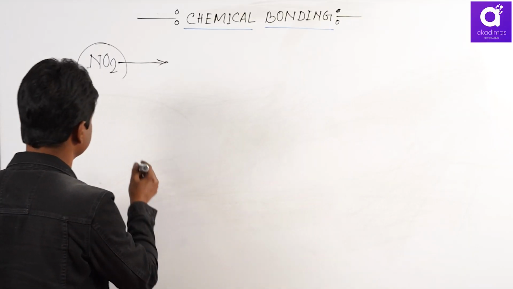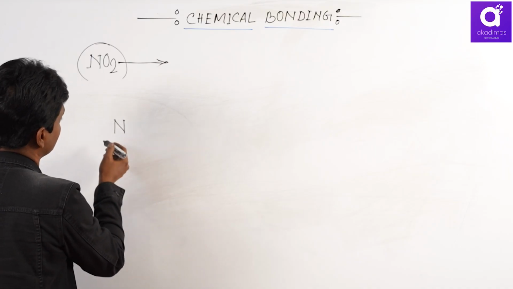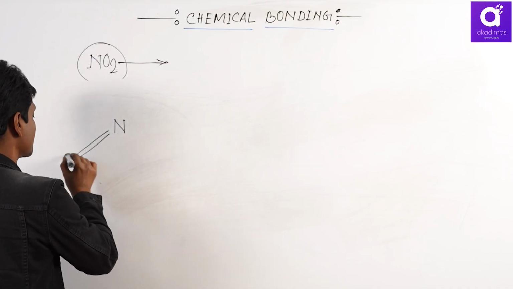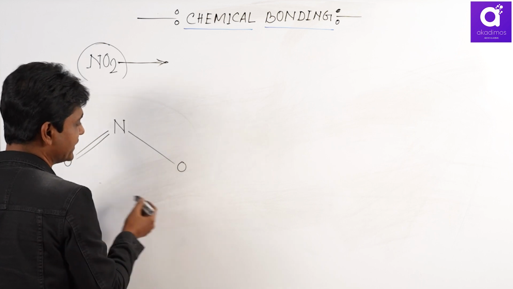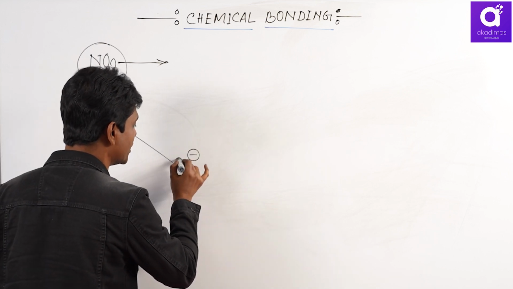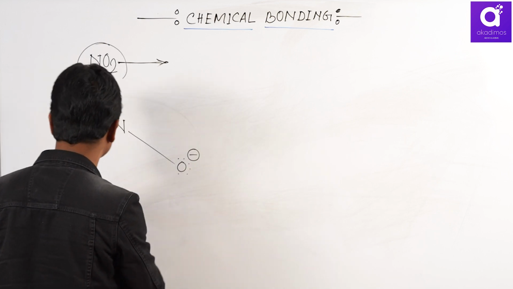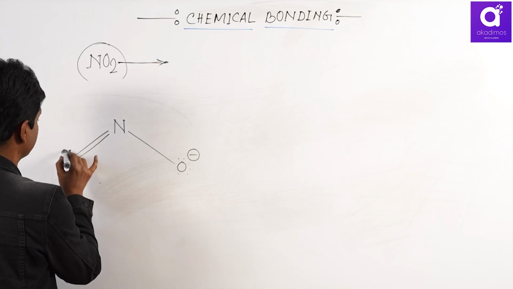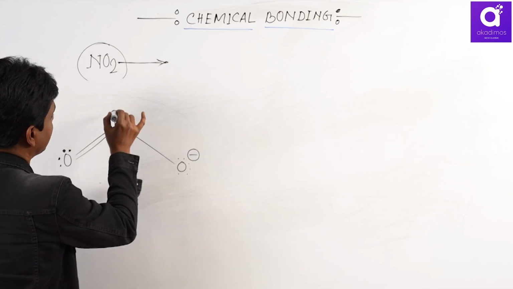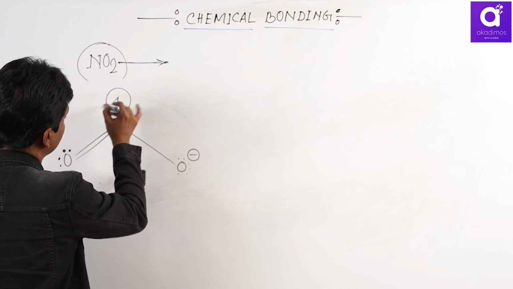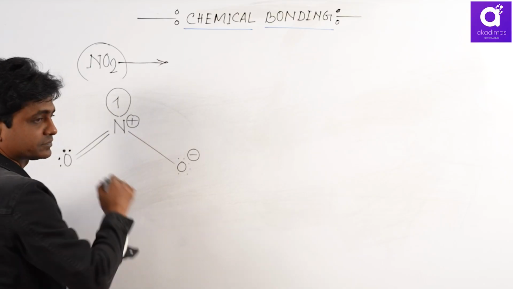The easiest way is this. Nitrogen, you know the basic structure. This is oxygen, this is oxygen with a negative charge and 3 lone pairs of electrons, and this oxygen is neutral, always with 2 lone pairs. Here you will get an odd electron with a plus charge.